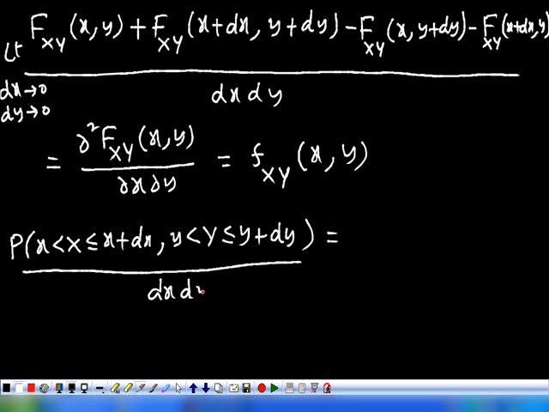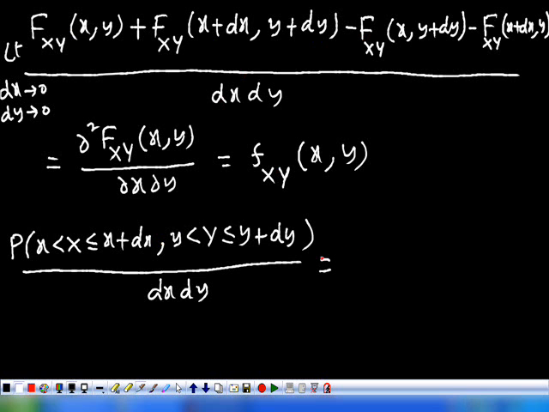How much is this value? See, the numerator here is equivalent to this, divided by dx dy. This divided by this is equivalent to this.